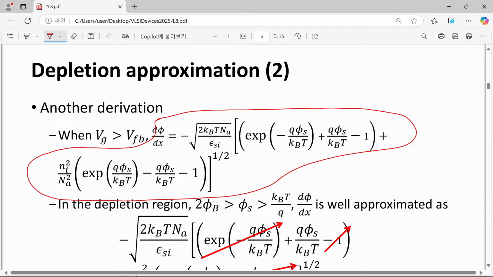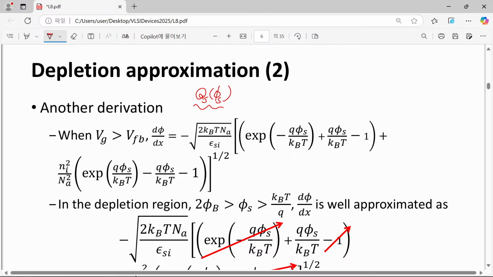This is nothing but the slightly changed form of our QS versus surface potential. Instead of this, now we have electric field, or d phi over dx, but it is completely okay because we can just convert it by multiplying by our permittivity value.